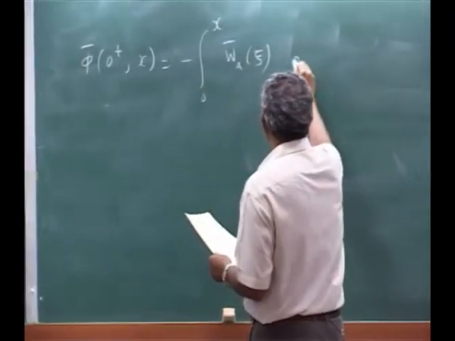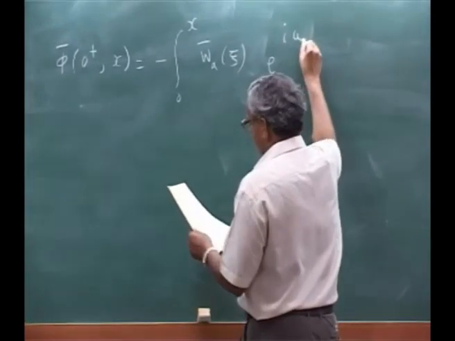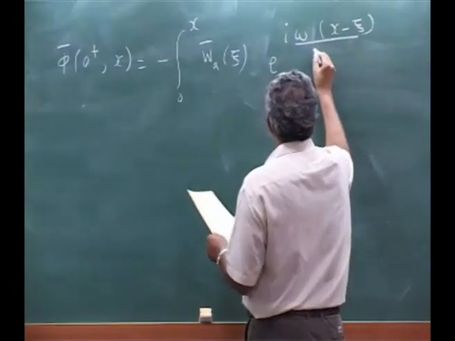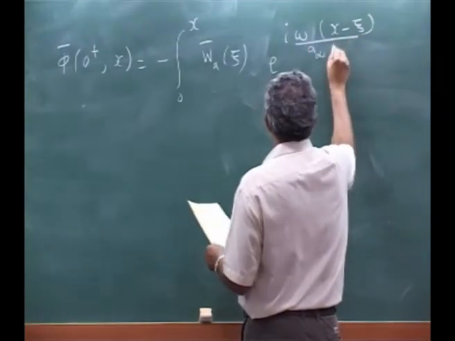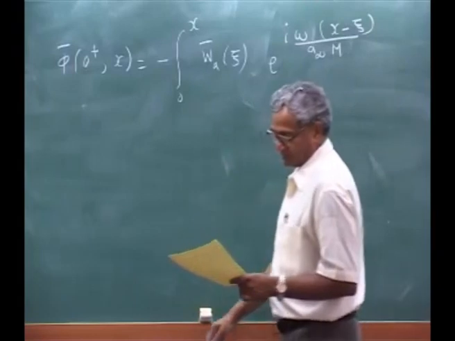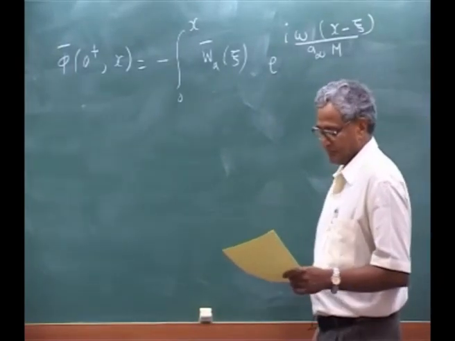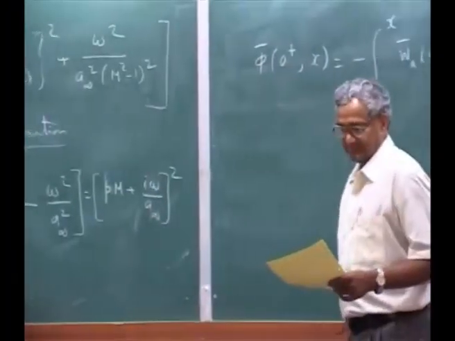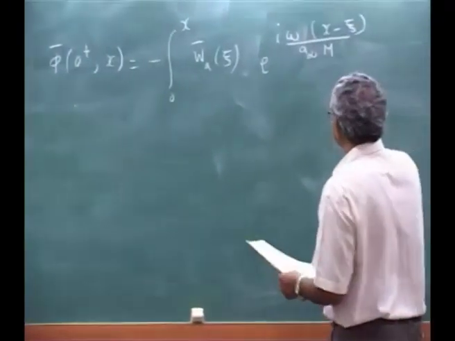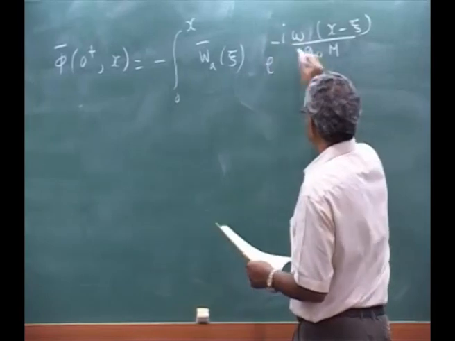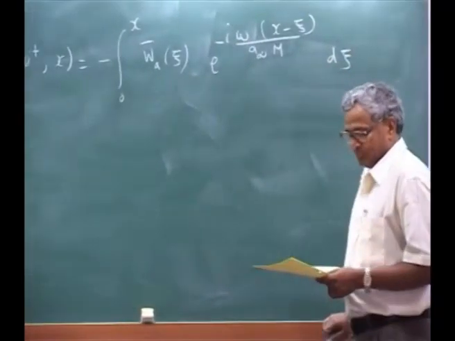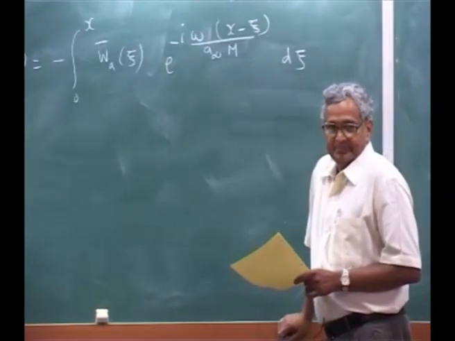You will have e power i omega x minus xi over a infinity m, because this is Pm. Now with a minus sign.